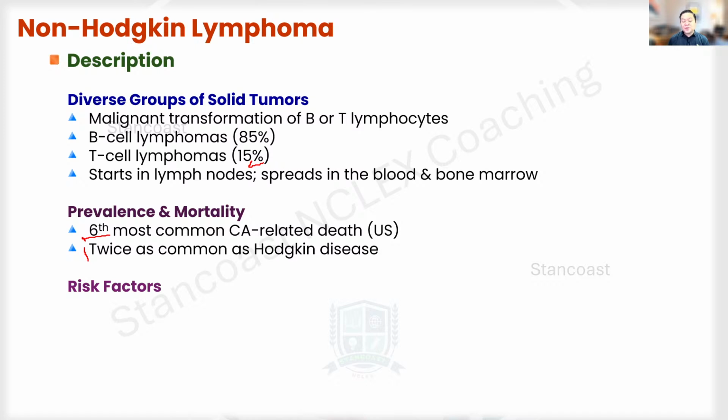Now, talking about the different risk factors here, one of the following is HIV, AIDS, also immunosuppression, maybe because the patient is taking immunosuppressant medications, possibly because of taking anti-rejection medication.